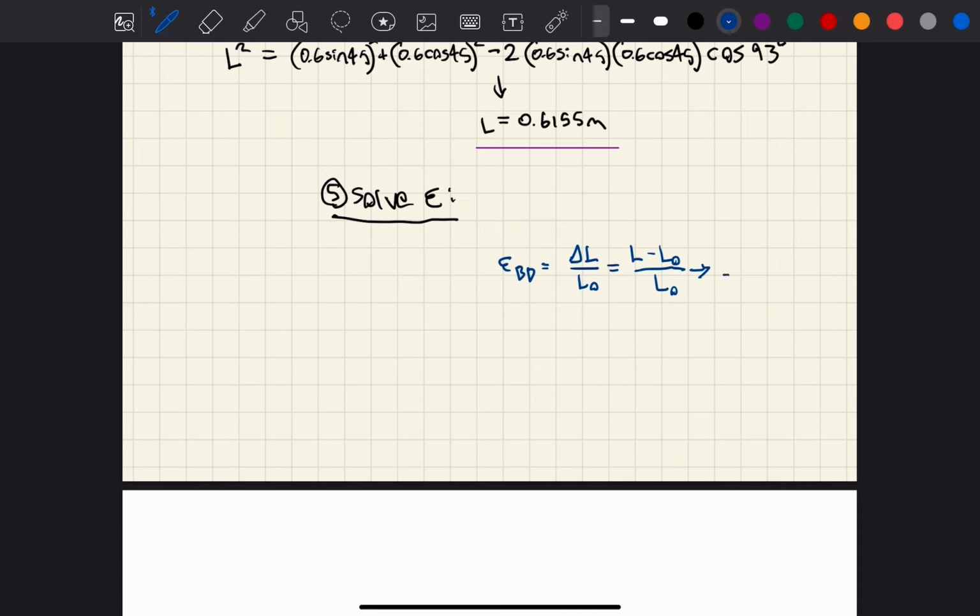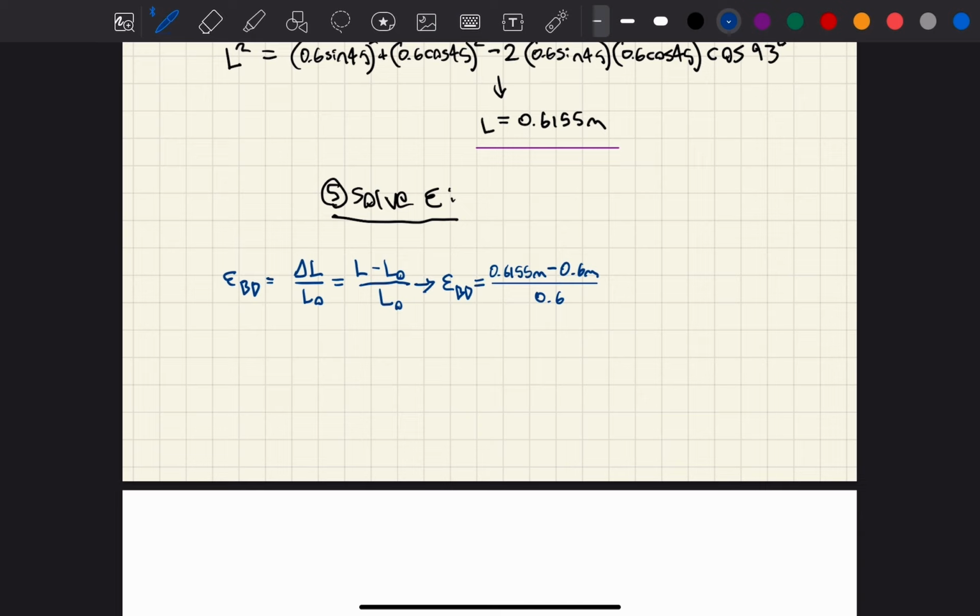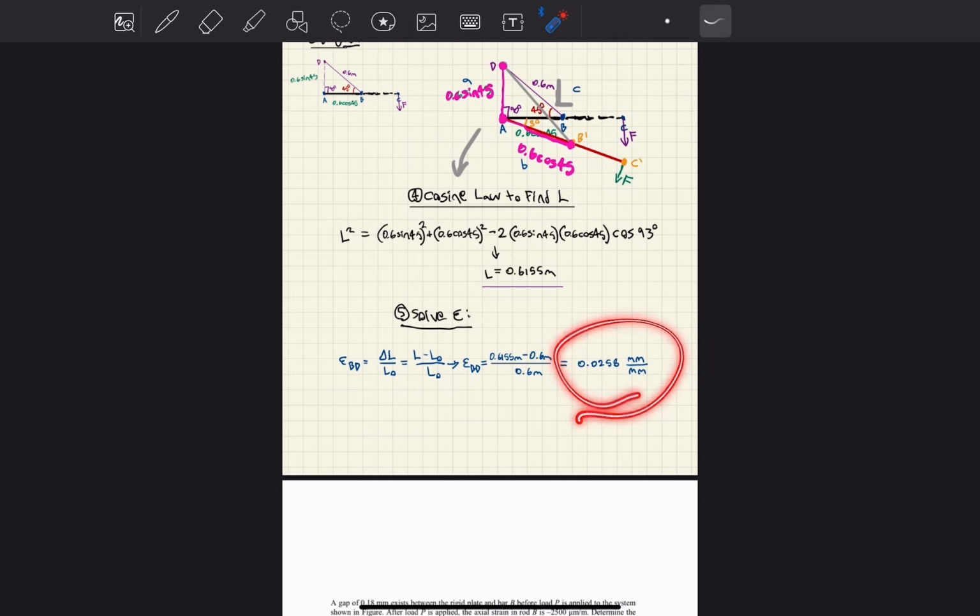This is equal to 0.6155 meters minus 0.6 meters, divided by 0.6 meters, and what you're going to get from this is 0.0258. It's a unitless dimension, but if you want to convert, it is 0.0258 millimeters over millimeters, and this is your final answer. This is the strain of the wire BD.